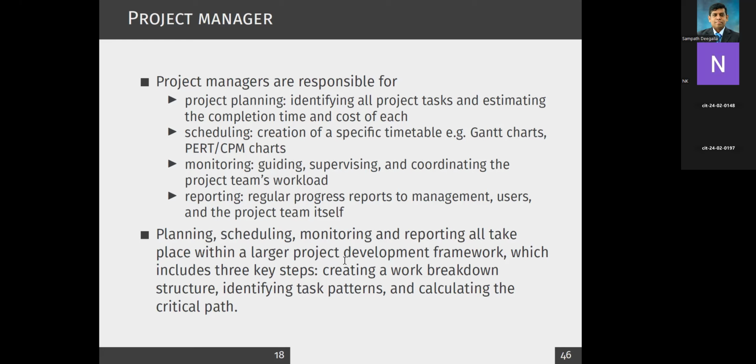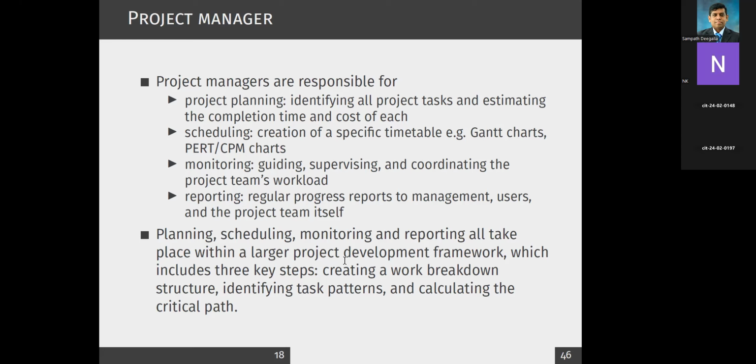Once you do that, then you can schedule. Schedule means we have to provide a time frame. Let's say it takes 2 months, from which month to which month, so you have to plan the time. This is like the creation of a specific timetable. So we have Gantt charts, PERT, CPM charts, and so on. Then you have to monitor.